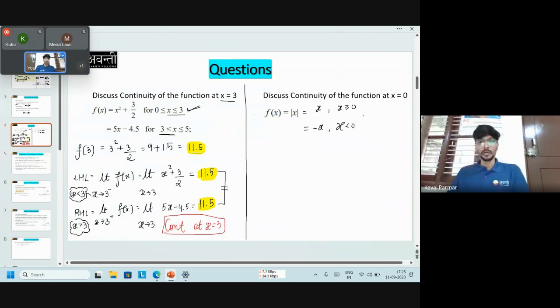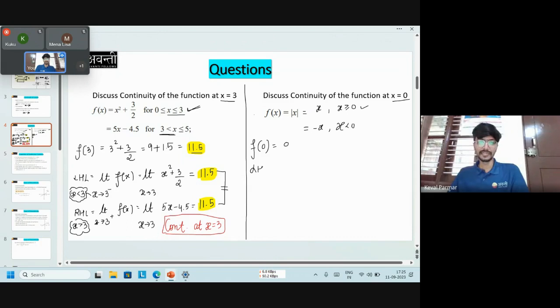So, again, we have to check three things: the functional value, the limiting value, and if both are the same at x equals 0. So if I check the functional value, here there is equality, so we'll use this definition. So it is 0, simple, 0 in place of x.